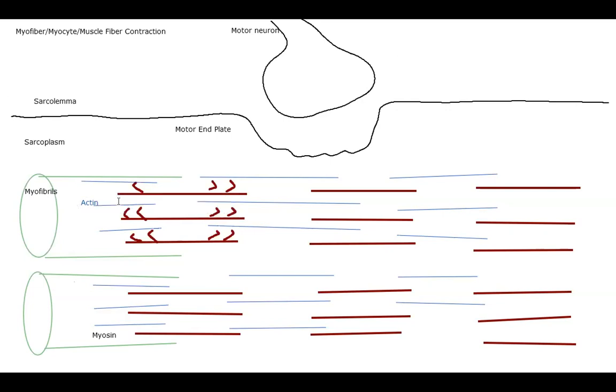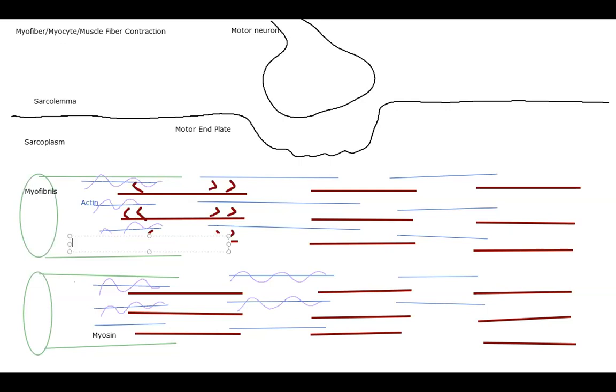Okay, we also know that covering over the actin are tropomyosin filaments. Right, so they kind of weave around actin, covering over the active sites on that actin. And I'm sure you can use your imagination for all of these to be on everything, all of the blue.